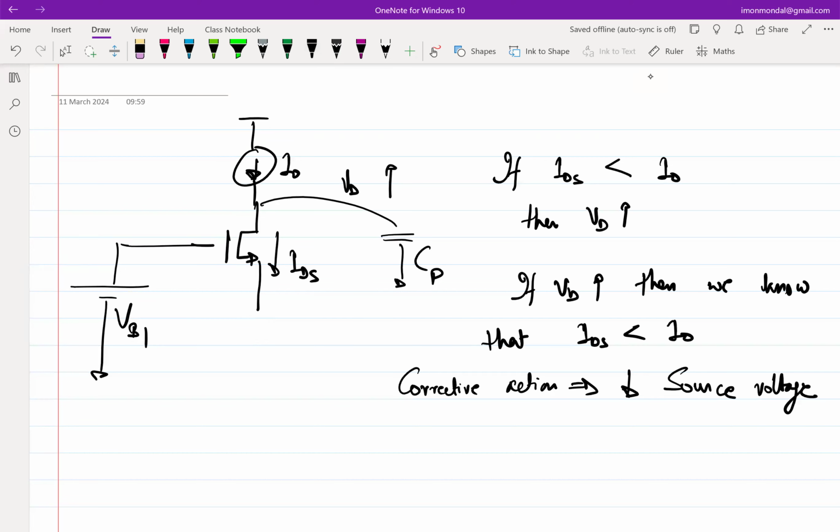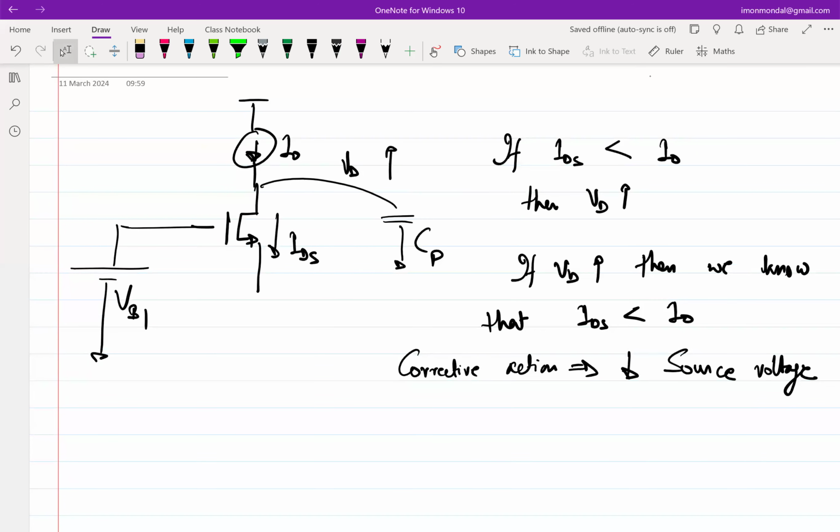So let's take a leap of faith and say that, whatever topologies we have learned, forget about this one, which topology gives you an inversion between one node and another? Inversion of voltage. That's what we need, right?